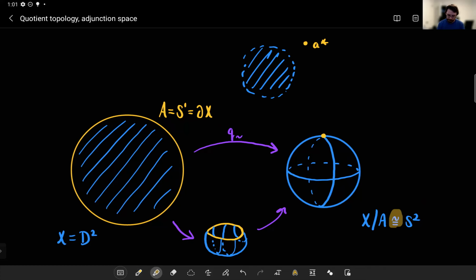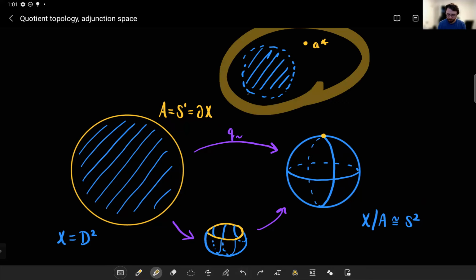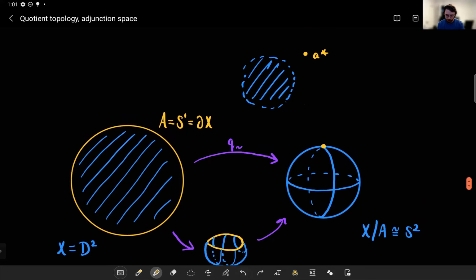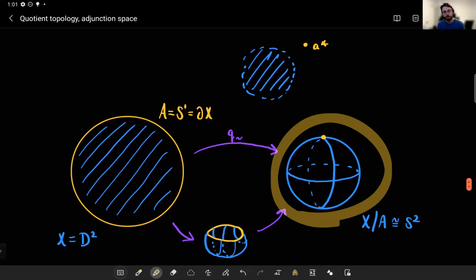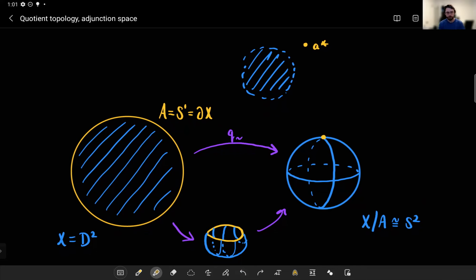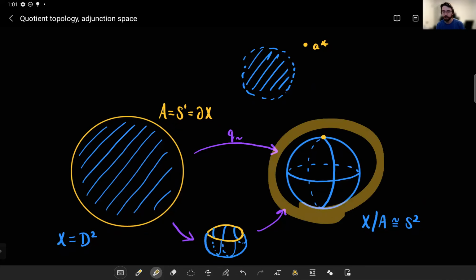And what I mean by that is, well, the topology is the same, right? If you look at the topology here and you ask, what sets are open in this space? It turns out to be the same sort of sets that are open here. Okay, so the open sets are preserved. That's what homeomorphisms do. It's just that the usual topology on a sphere is you're usually thinking of it as a subset of R3.